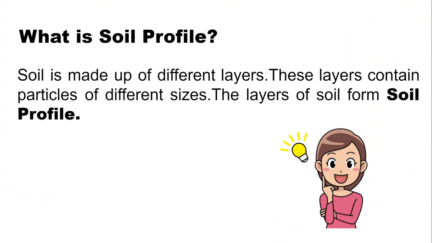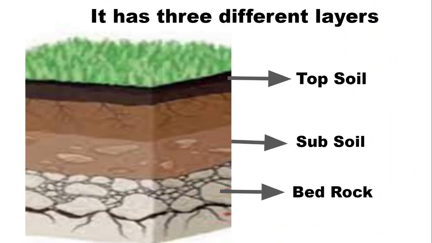The layers of soil form soil profile. So let's see how many layers are there in the soil profile. It has three different layers: topsoil, subsoil, and the bedrock.